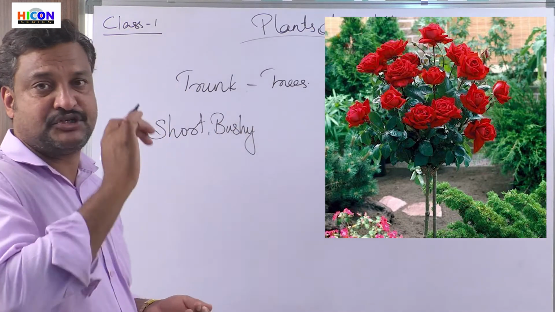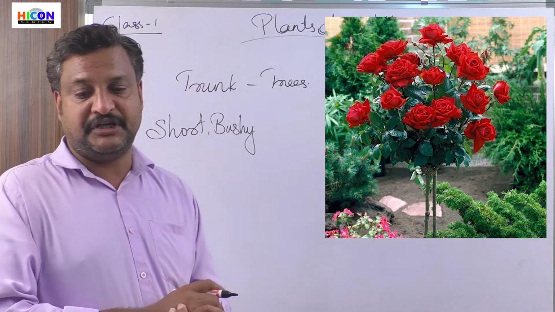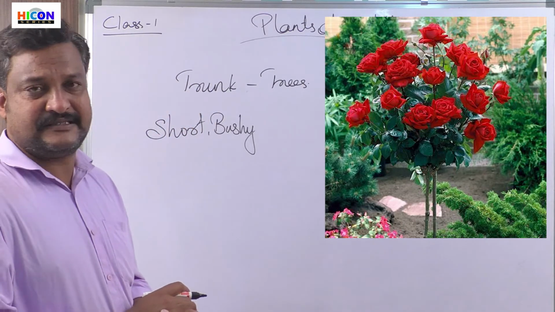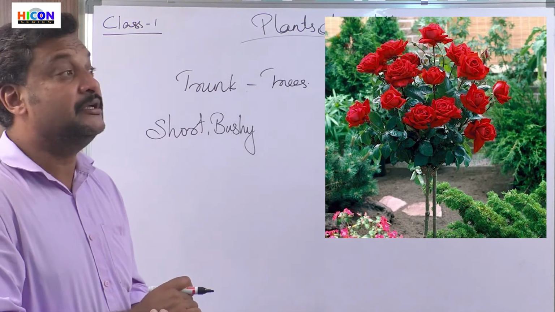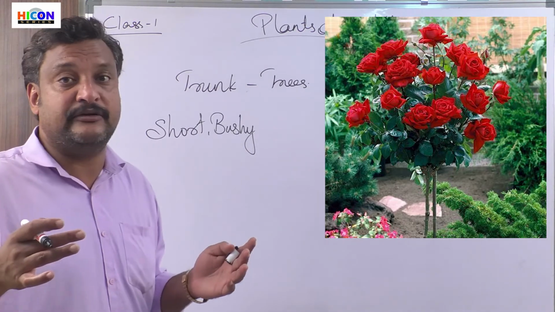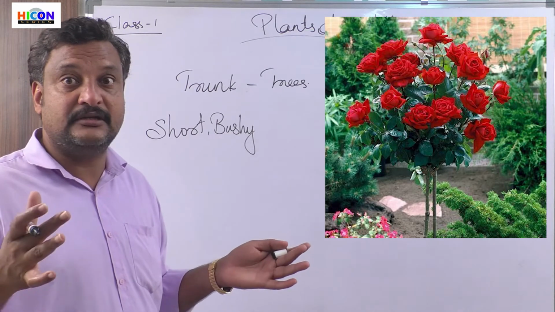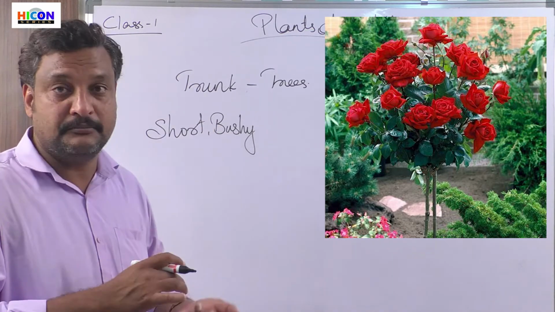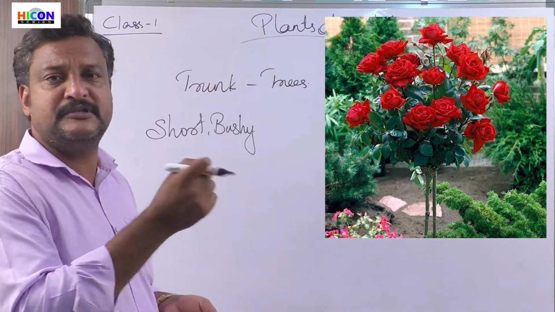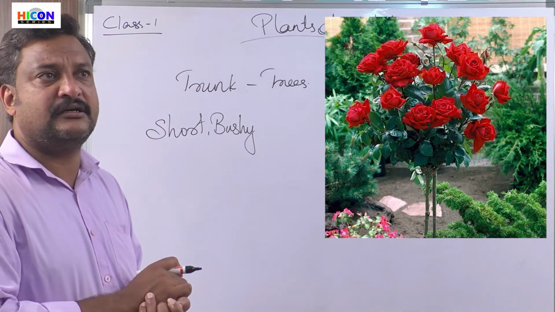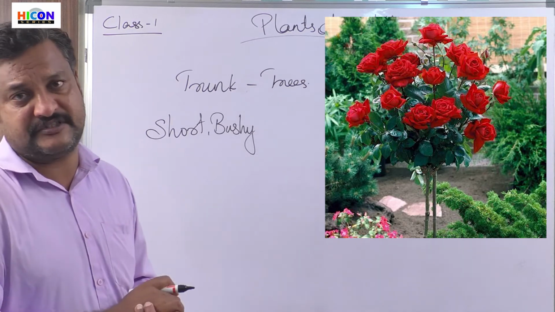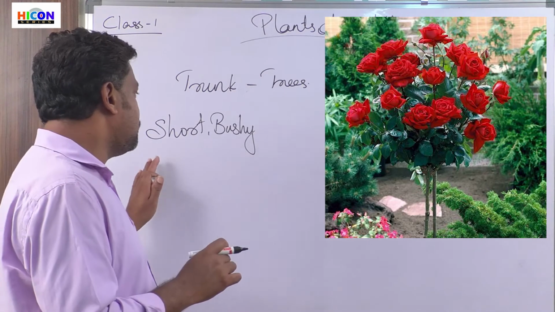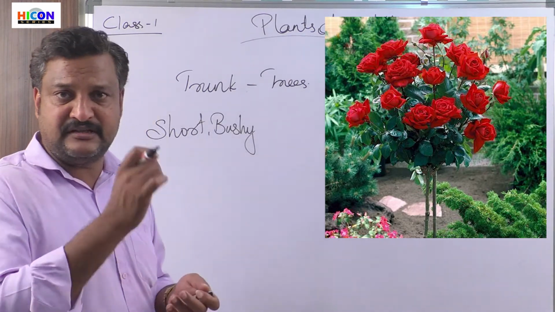They are bushy, and they have a stem, isn't it? We can see the stems. Yeah, stick kind of stem. It means it is not that woody. Woody means it's not that big like that of a coconut tree or a banyan tree. It has very simple stems. It's not thick stems but thin stems.